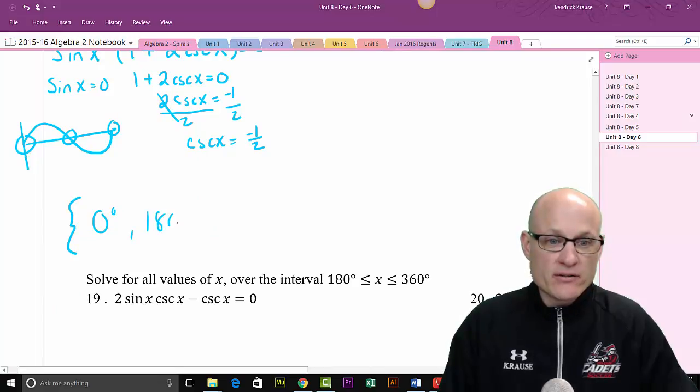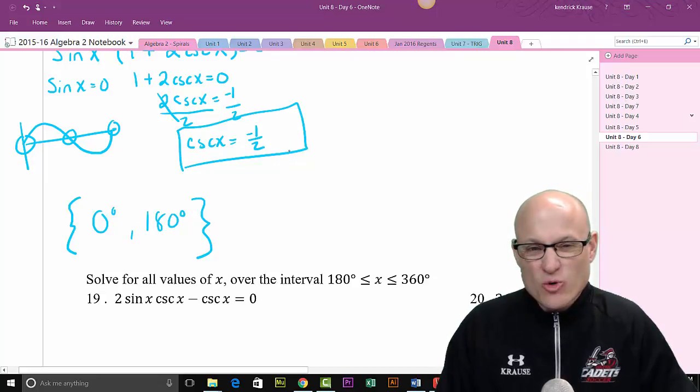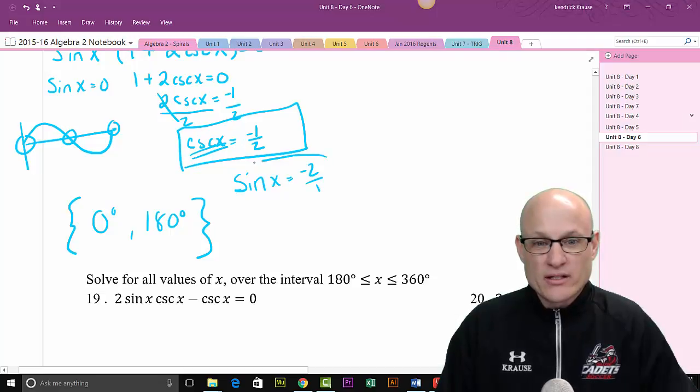Now, something interesting is going to happen here, and you're going to see this is going to crash on us. If I take the reciprocal of this, because the reciprocal of cosecant is sine, sine x equals -2/1. And can sine ever be bigger than 1 or -1?